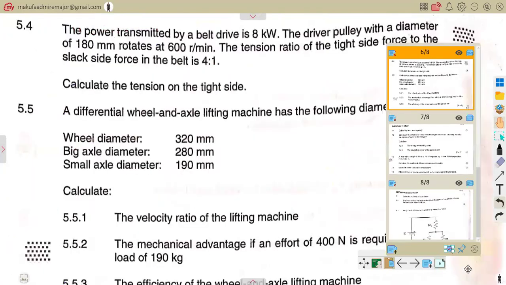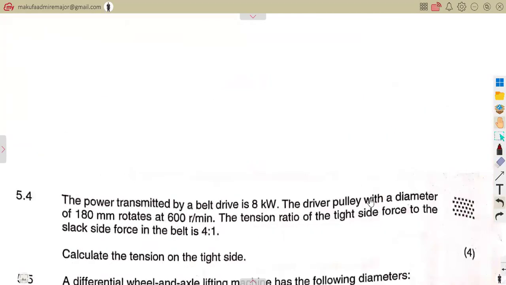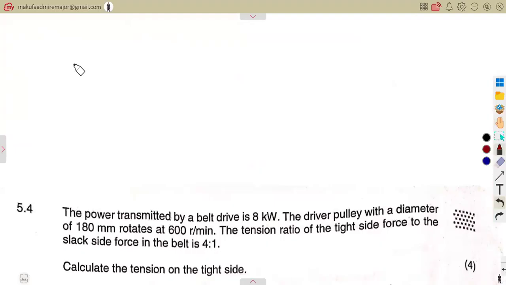So I want us to check the other part of our question, which is 5.4. So they were given the power transmitted by a belt is 8 kilowatts. So we are given the power, the driver pulley with the diameter. So we also have the diameter there. So let's just see what it is that they want us to do. 5.4. So we have got the power of 8 kilowatts, and we have got the diameter, 120 millimeters.